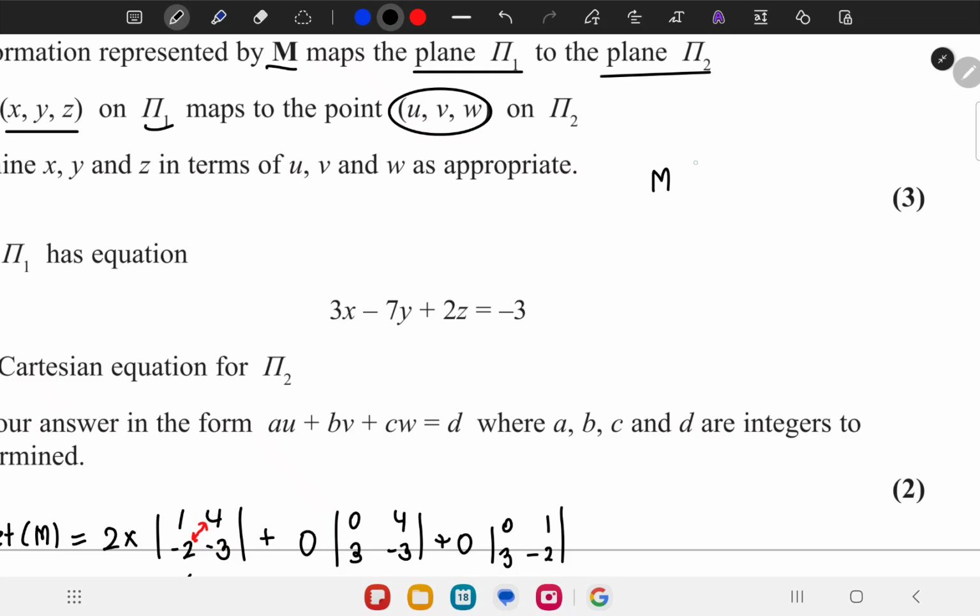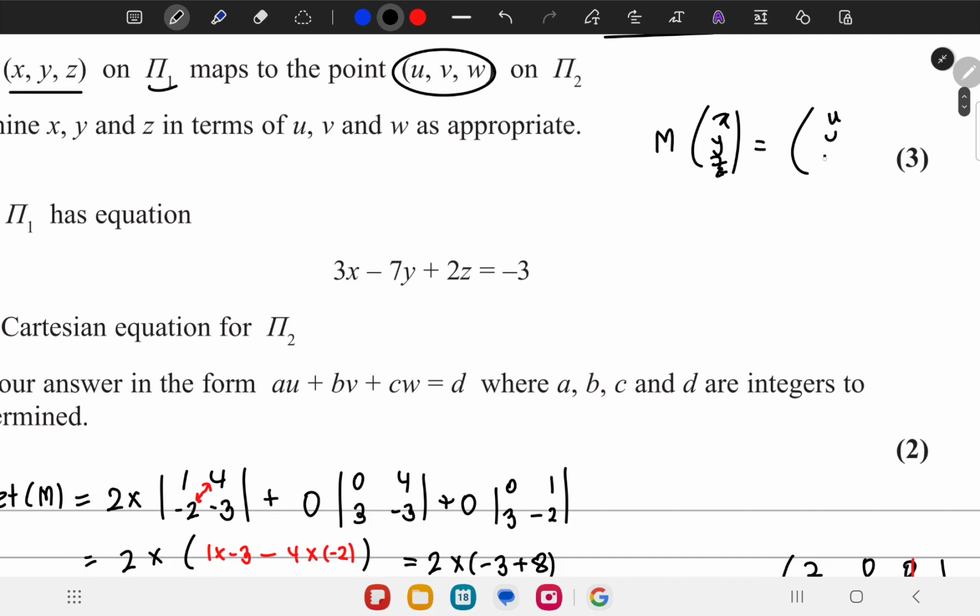You know that M times x, y, z is uvw. So you can multiply M inverse on the front of both of them on the left. So M inverse on the left on both sides.